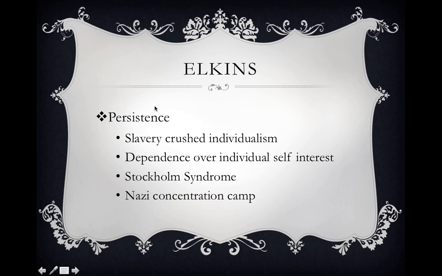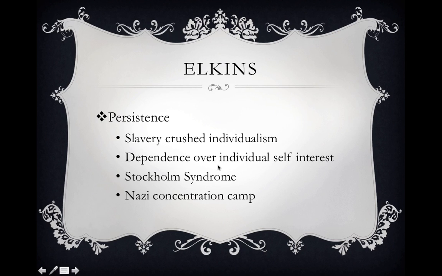Elkins's argument about the persistence of slavery is the fact that the slave system crushed individualism. Now, this is more of a sociological argument, but I'm still going to go over it briefly. The notion was that you had to make sure that you didn't stick out. If you drew attention to yourself, in all likelihood you would end up getting some form of physical punishment.